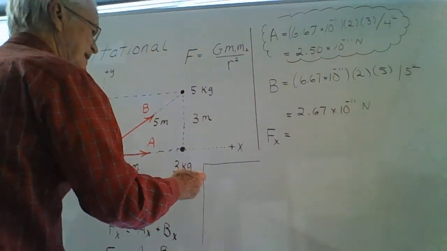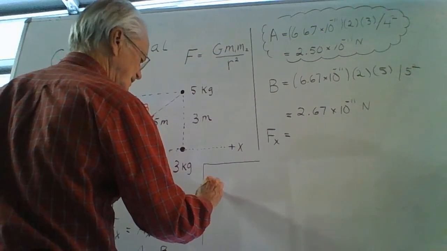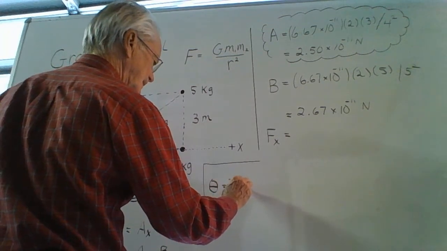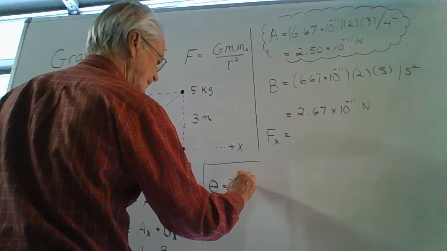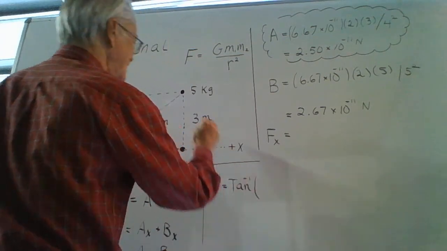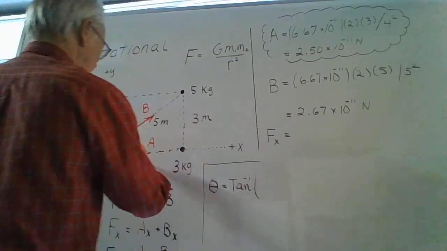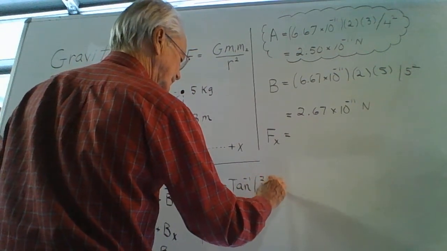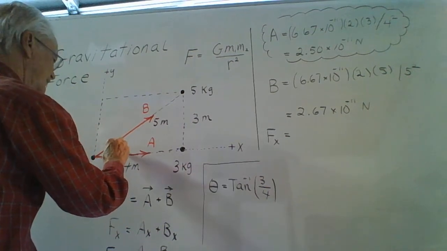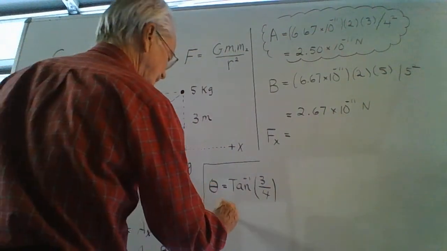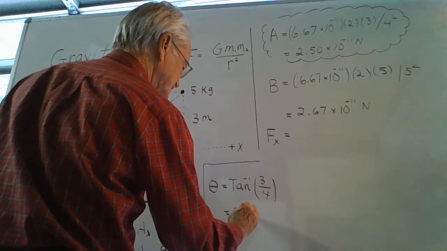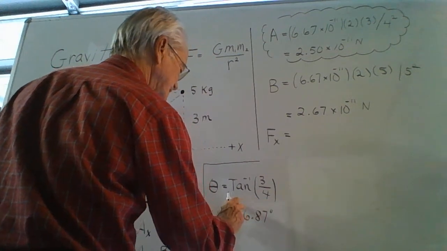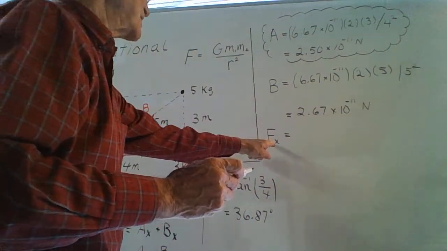I'll show what that angle is here. It's the angle whose tangent is 3 over 4. That's theta. This is 36.87 degrees. Now let's go back to F sub x.